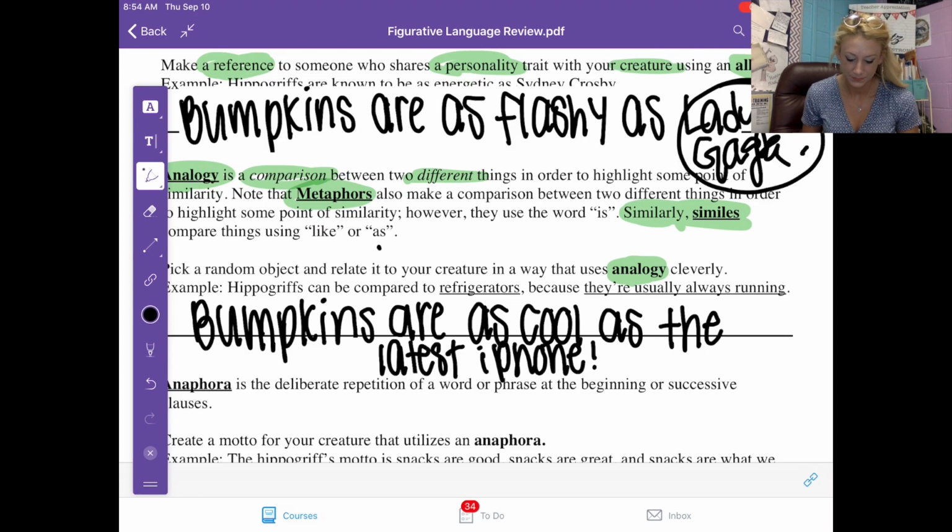Okay, so I'm comparing mine to the latest iPhone. And so this would be an example of a simile.